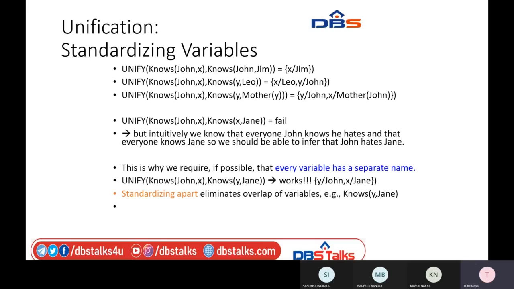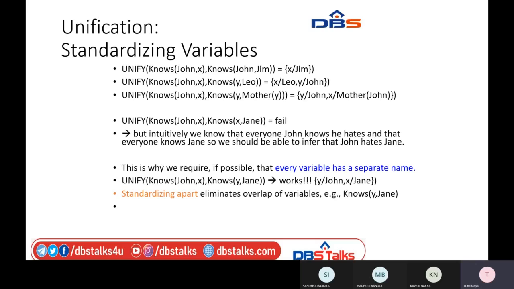And second, standardizing variables. Unify knows(John, X) with knows(Y, Leo). If I replace X by Leo and Y by John, then only these two clauses can be resolvable.